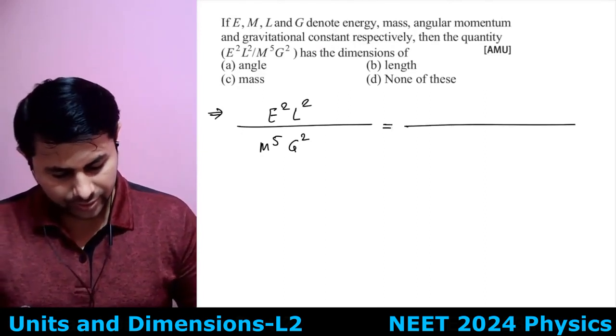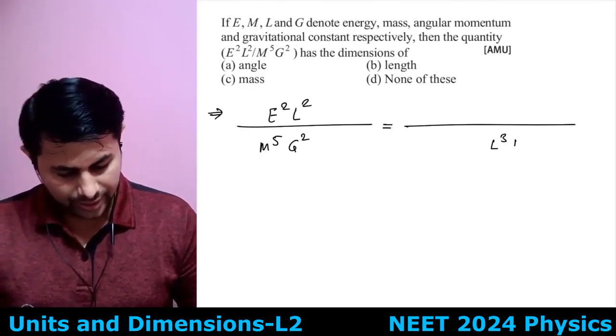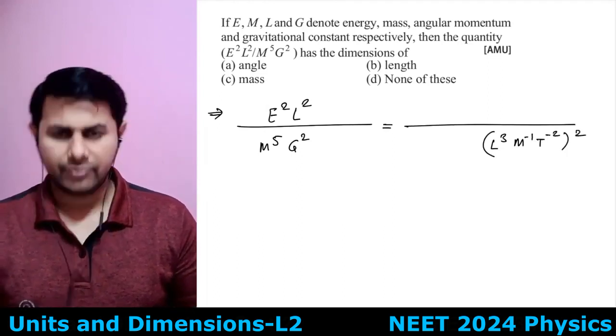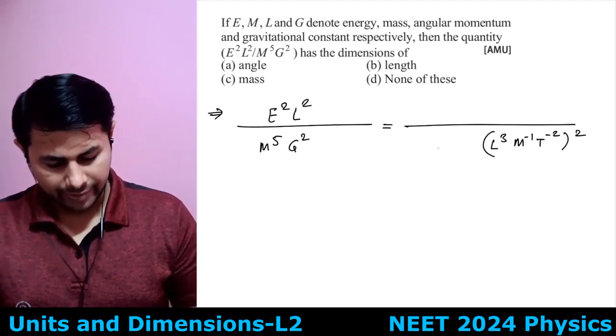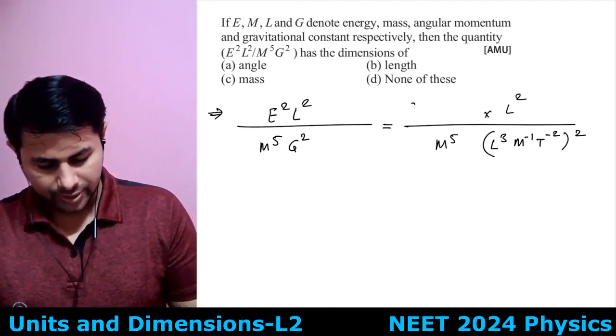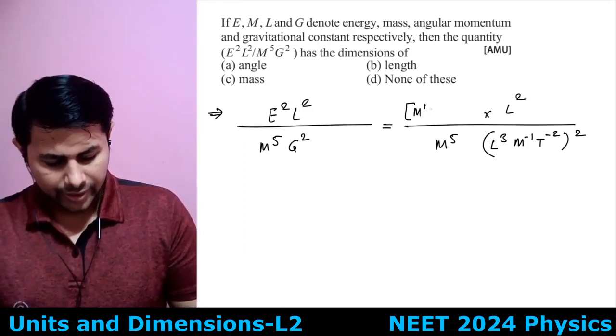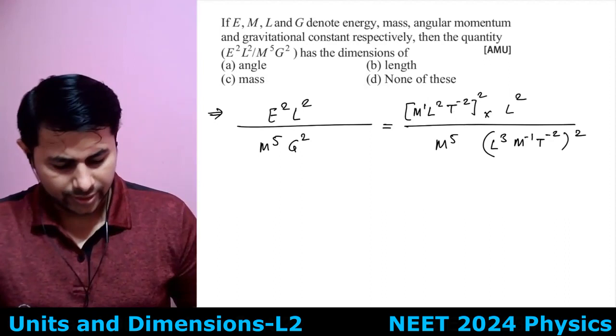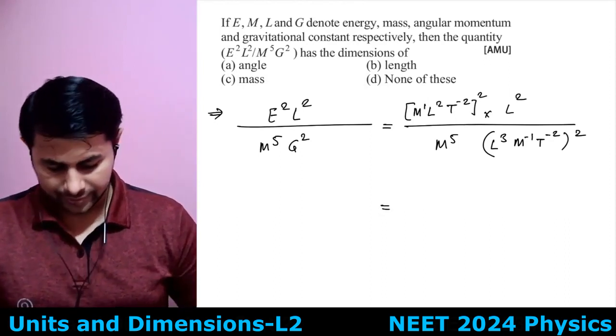So L3 m minus 1 t raised to minus 2 square we have. Okay, m to the power 5, and here L to the power 2, and here m1 L2 t raised to minus 2 square. Not that difficult, right?